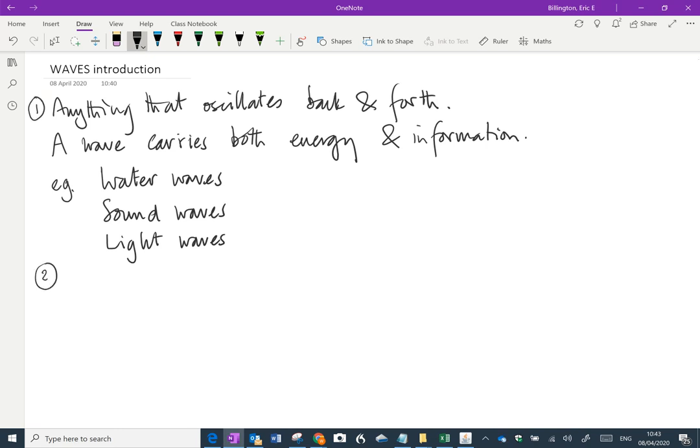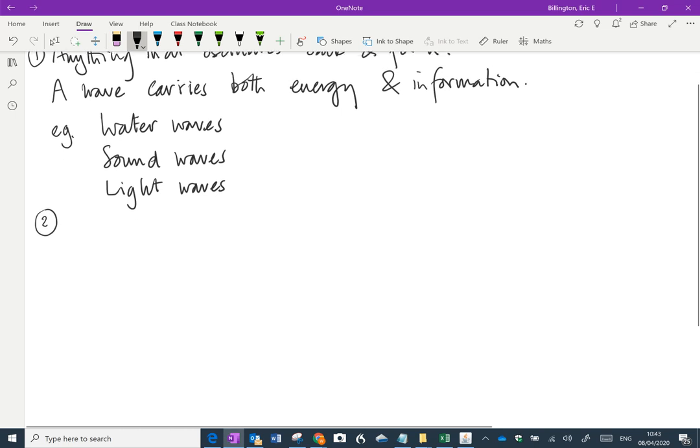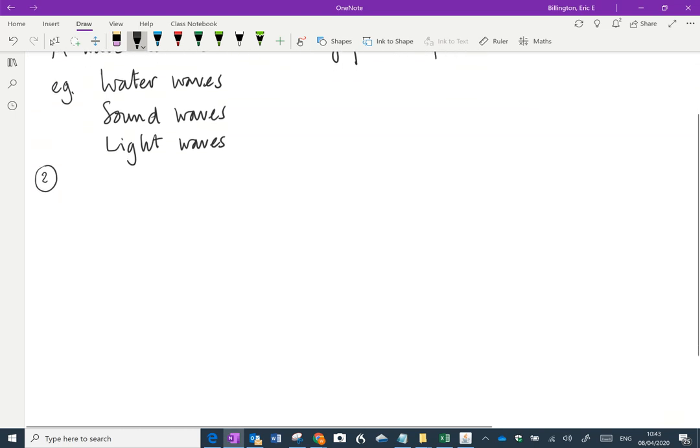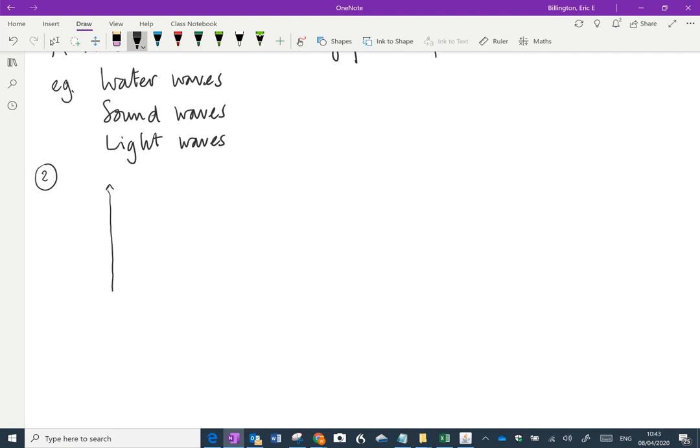I'm going to draw a picture of a wave. So this is going to be tricky. Here it is, a picture of a wave. Try and get this quite neat. And I'm going to say, well, okay, it goes up to here and it goes down to here.